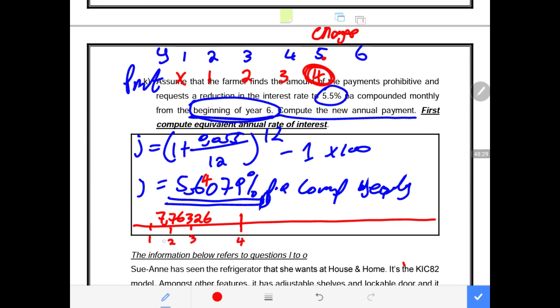So we calculated the balance up to the end of this period when the interest rate was 7.76.